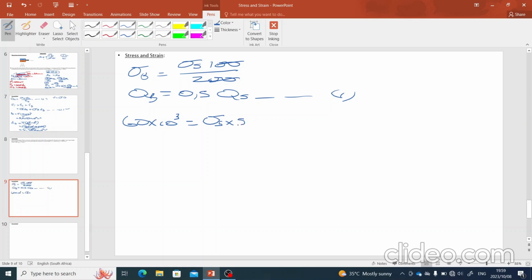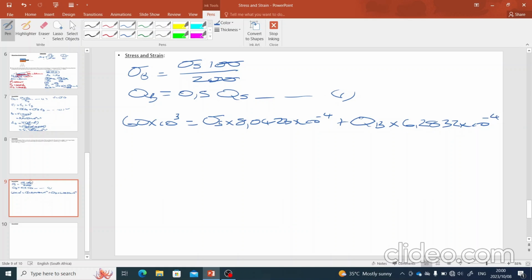Our area steel is 8.0425 423 times 10 to the power negative 4, plus stress brass multiplied by the area, which is 6.2832 times 10 to the power negative 4.